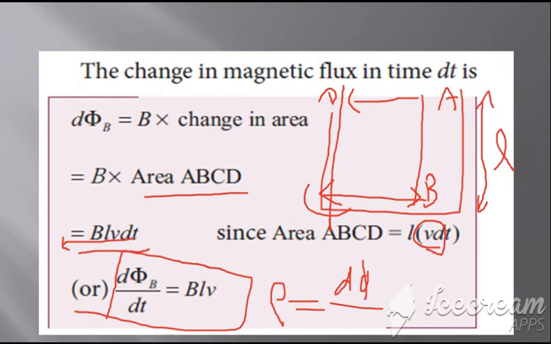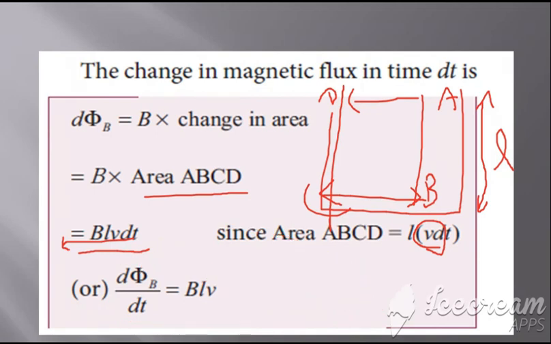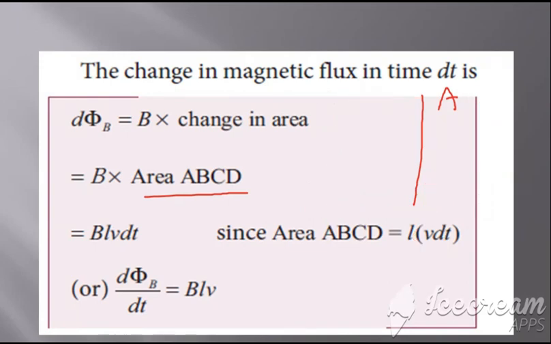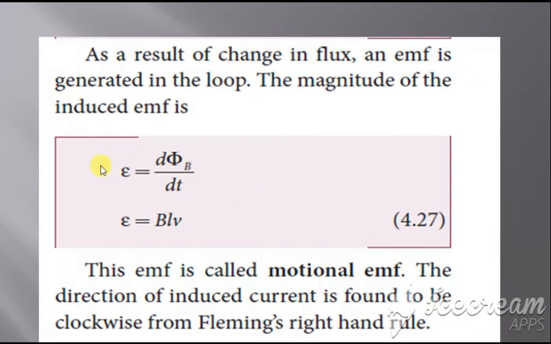This gives the EMF induced when there is a change in the area of the coil. This EMF is called motional EMF, and its direction is given by Fleming's right hand rule. Okay, so clear with this?